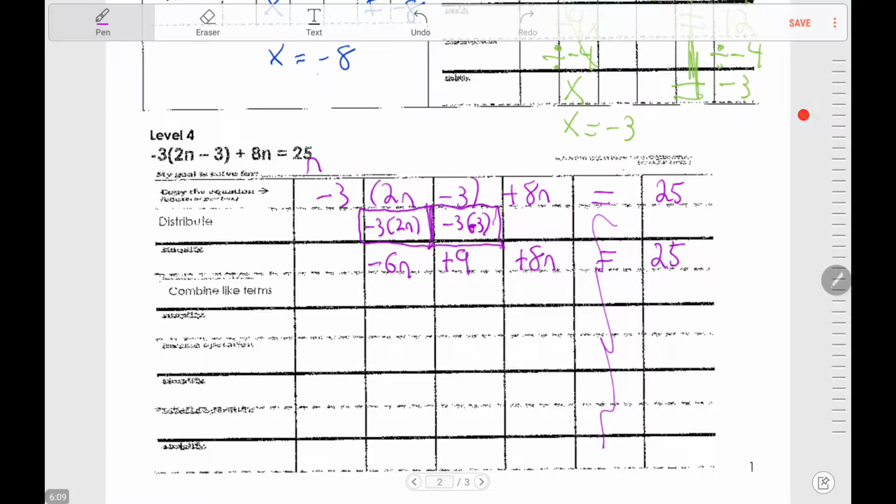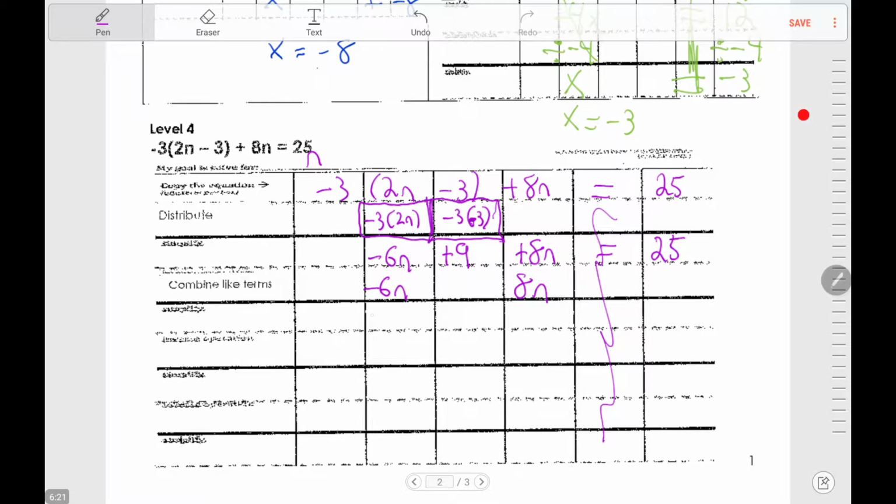Alright. We're going to combine our like terms, which are -6n and +8n. What's -6 plus +8? You are right, it's 2n. So we have 2n plus 9 equals 25.